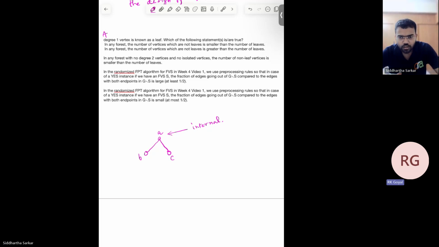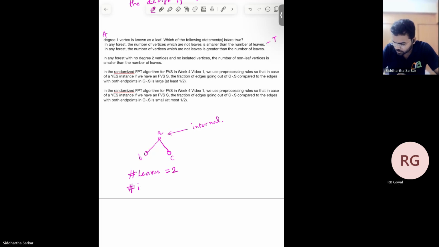True. This seems true to me because the number of the leaves is equal to the number of internal nodes plus one. So the number of leaves would be higher than the number of internal nodes. Like in this case also, the number of leaves is equal to 2 and the number of internal nodes is equal to 1. Fine. So in this case there are 2 leaves. I don't know why there is a lag in the handwriting.